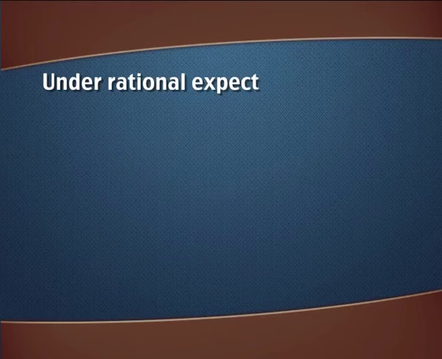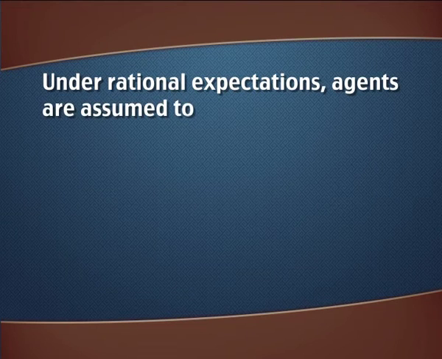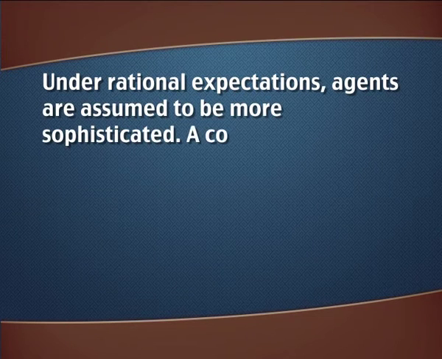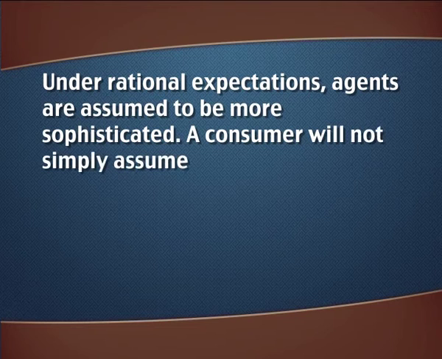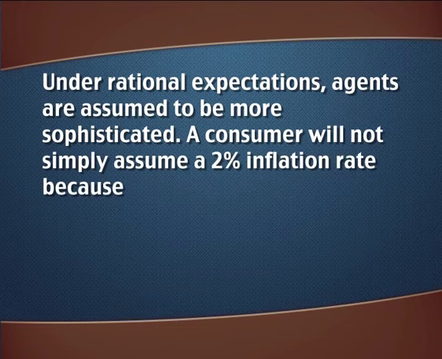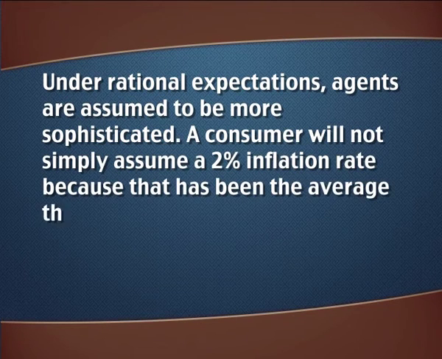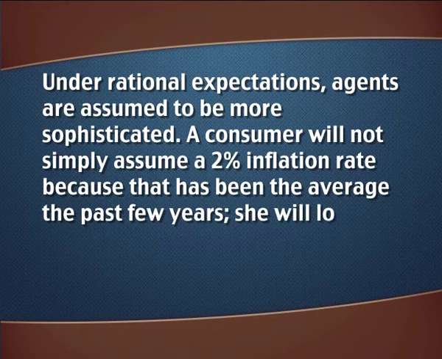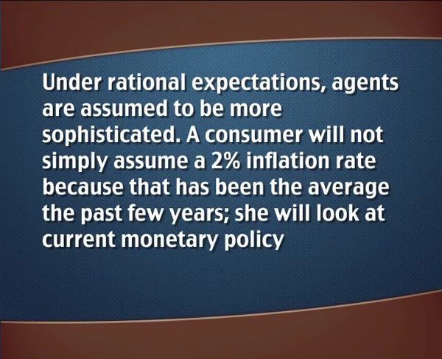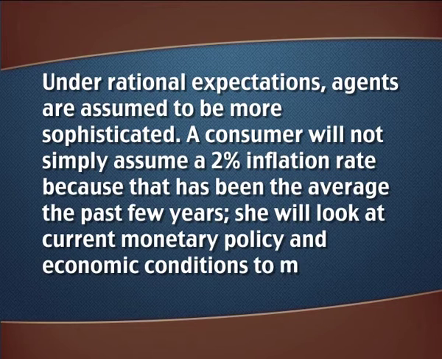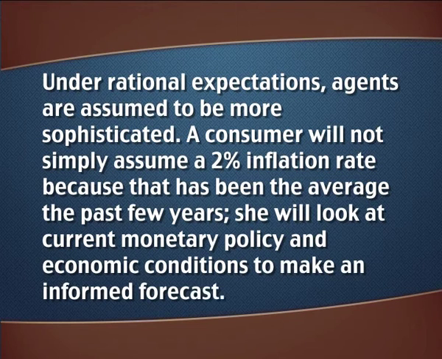Under rational expectations, agents are assumed to be more sophisticated. A consumer will not simply assume a 2% inflation rate because that has been the average the past few years. She will look at current monetary policy and economic conditions to make an informed forecast.